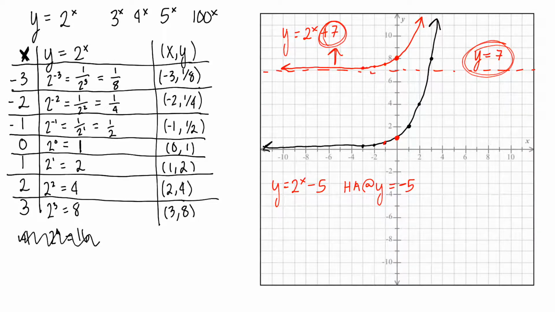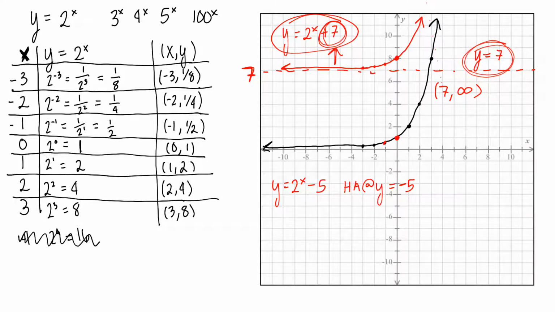So domain-wise, if you have y equals 2 to the x plus 7, sorry, my iPad just kind of shut down on me. If you have y equals 2 to the x plus 7, the domain is no longer from 0 to infinity. The domain starts here at 7, where the horizontal asymptote is, so it goes from 7 to infinity.